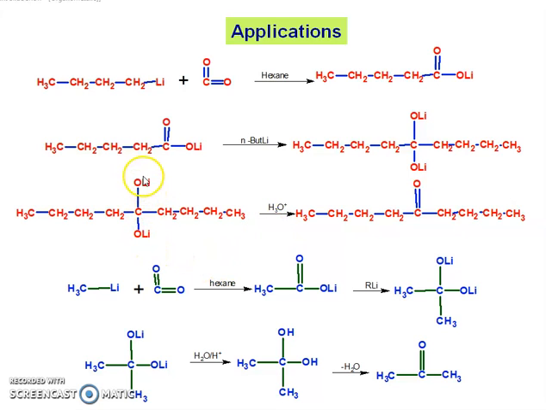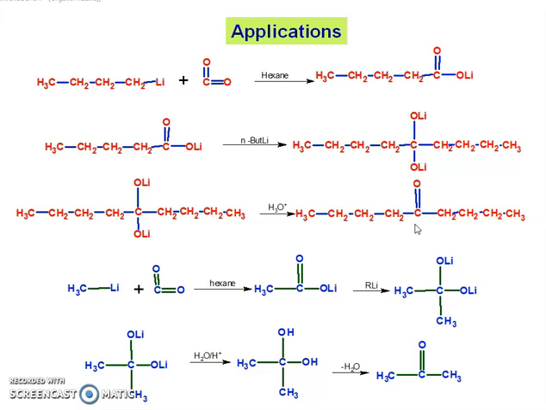So both have OH, and after refluxing of this reaction, the water molecules will be eliminated, this OH having one H and this OH, and we get the new ketone.